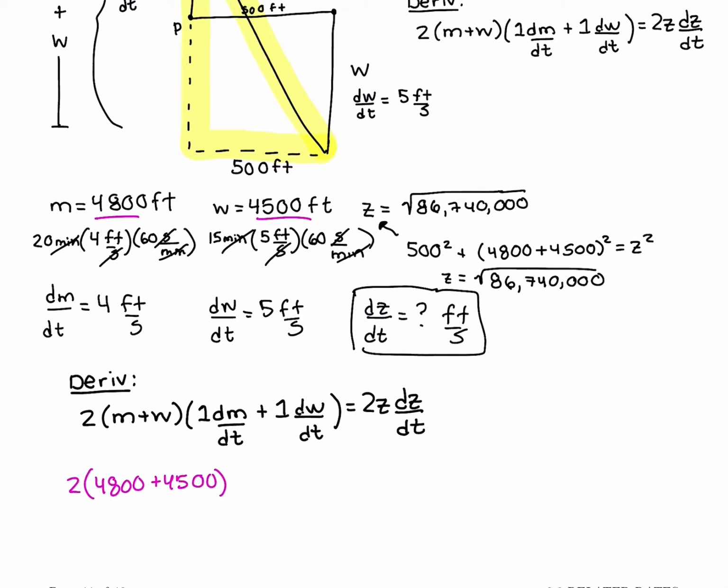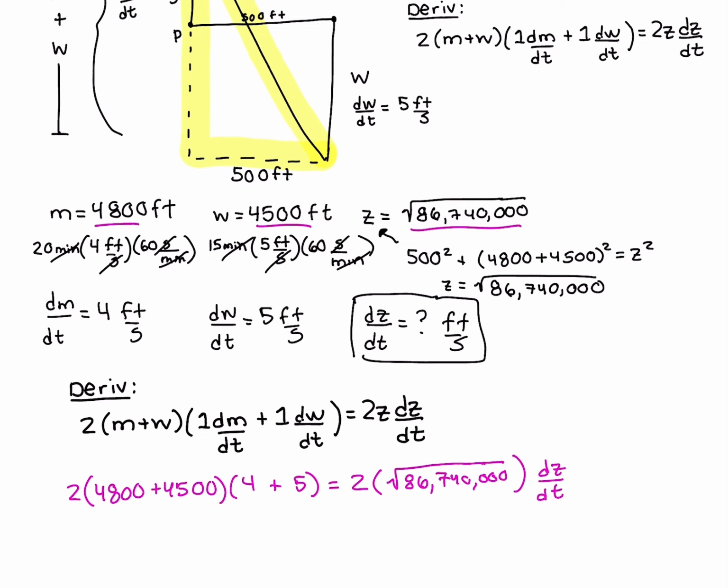That's getting multiplied with 1 times dm/dt, dm/dt is just 4, plus 1 times dw/dt, which is just 5, equals 2 times z, which is that crazy root of 86,740,000, times dz/dt. To get dz/dt by itself, we're just going to divide by this quantity that it's multiplied with. Division will get rid of that multiplication.